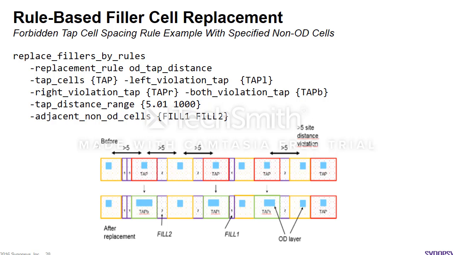If the legal max OD spacing is less than 5 units, use 5 and 1000.